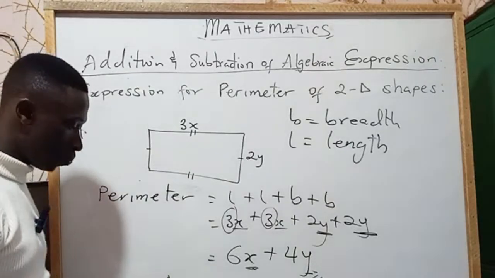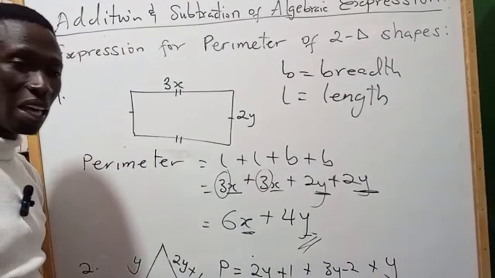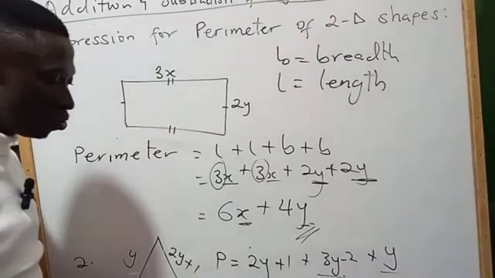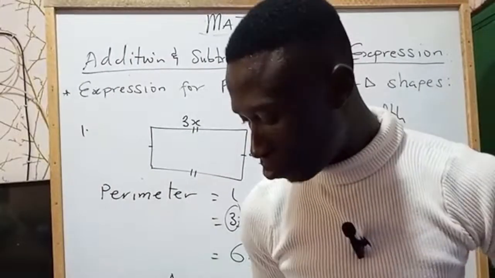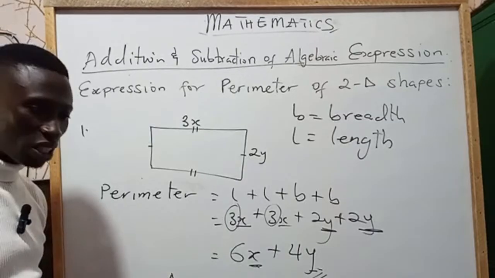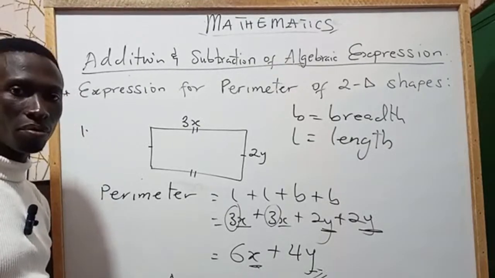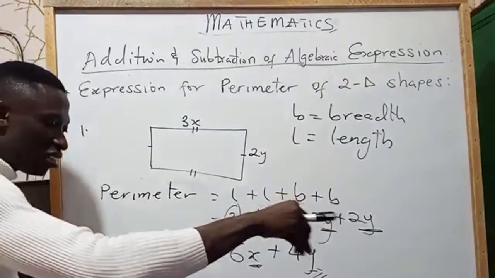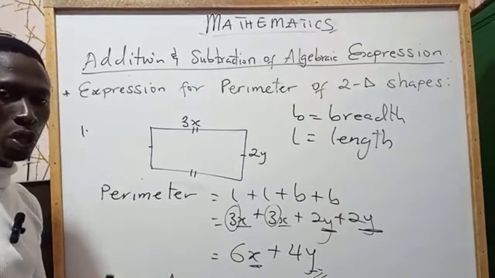Like I demonstrated, a cat moved around this triangular object, from point A to point B to point C, and then came back to where it started. You pick all the lengths, all the distances, the cat covered around the object. You pick all of them, then you put them together.